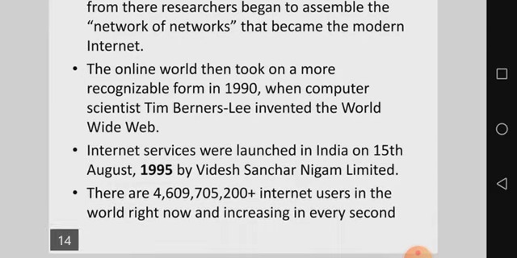The online world took on a more recognizable form in 1990 when computer scientist Tim Berners-Lee invented the WWW, called the World Wide Web.